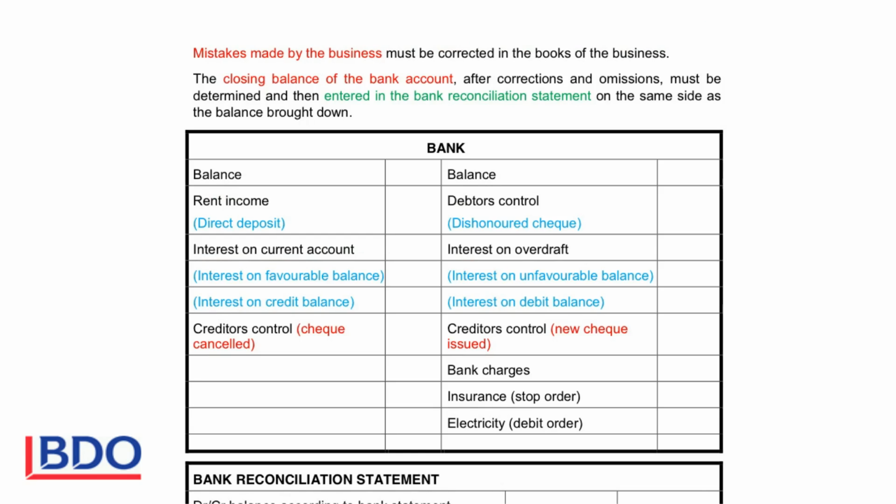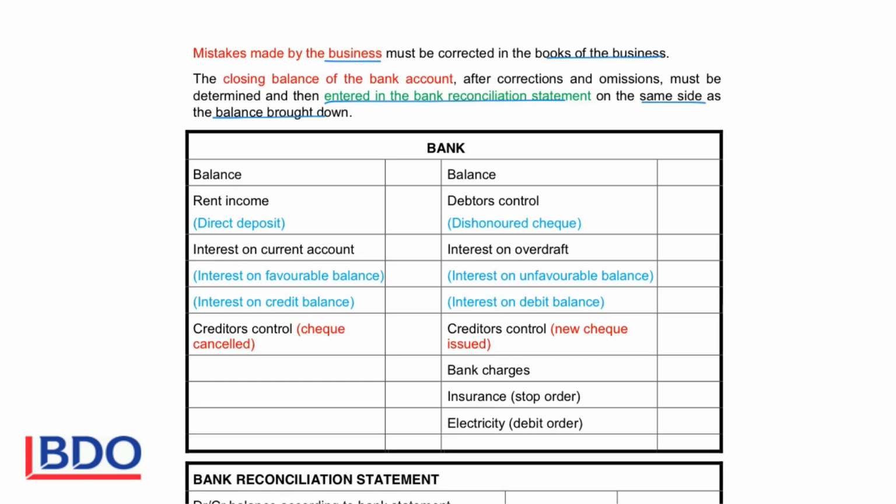Mistakes that were made by the business will have to be corrected in the books of the business. The closing balance of the bank account, after we corrected all these mistakes and we entered all the entries that were not recorded, will now go into the bank reconciliation statement on the same side as what the balance was brought down in the bank account.